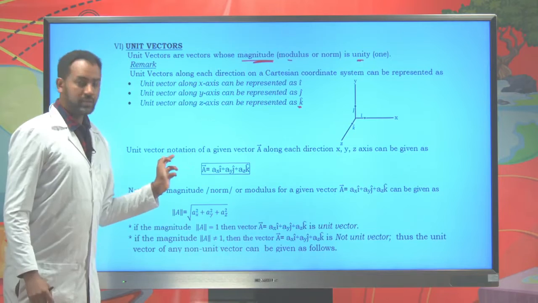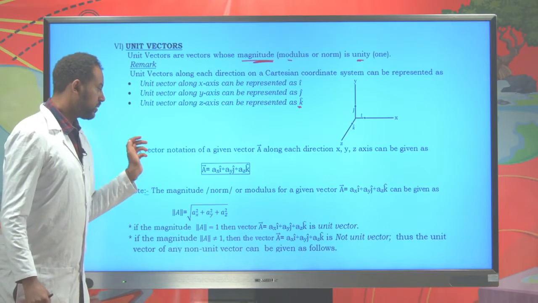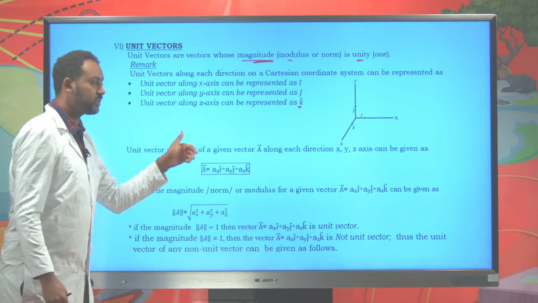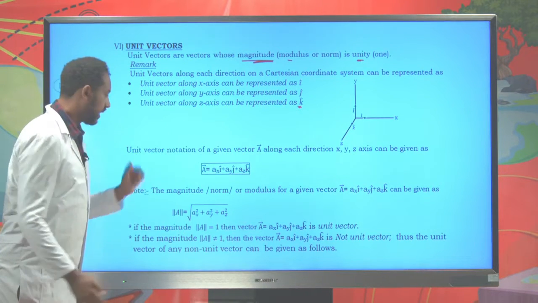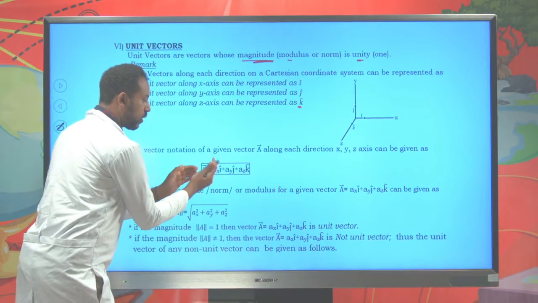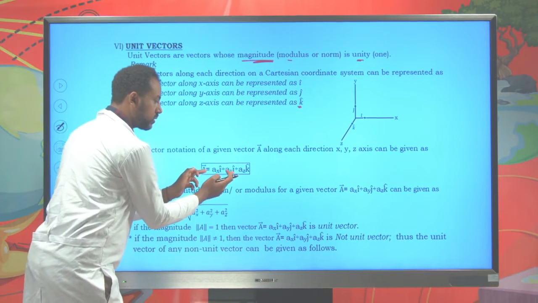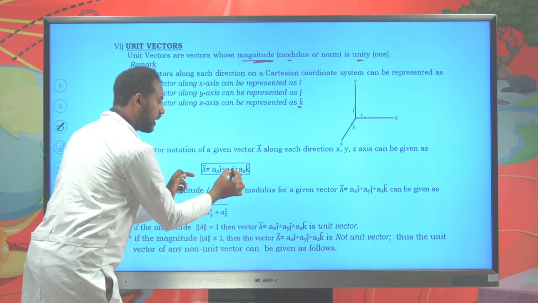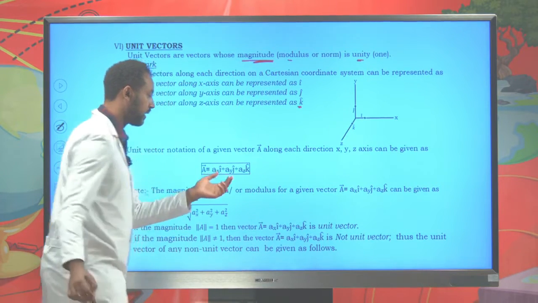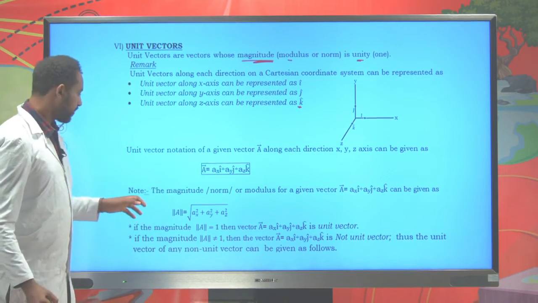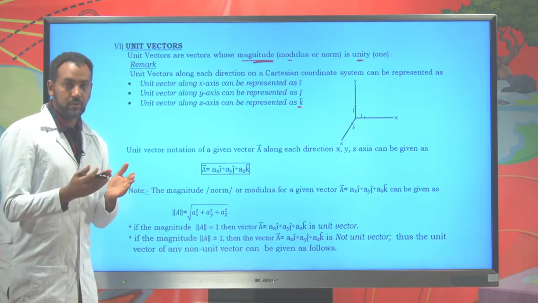Suppose you have vector A. It's possible to represent it using i, j, and k: Ax in the i, Ay in the j, plus Az in the k. This means the components of this vector along the x, along the y, and along the z direction are represented using i hat, j hat, and k hat. This is what we call the unit vector notation form. How do we determine the magnitude of this?